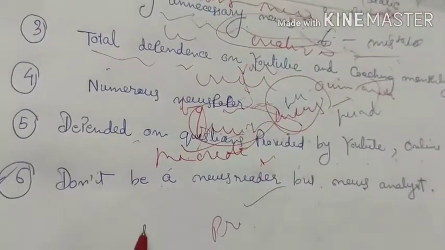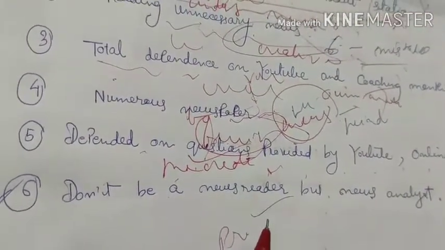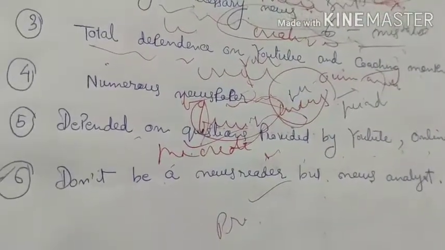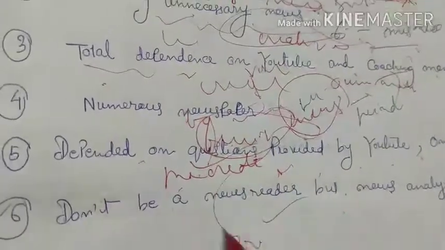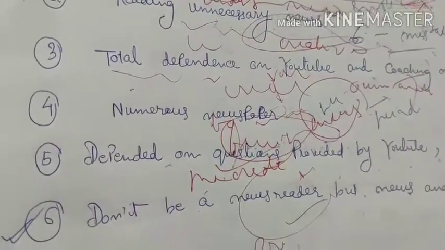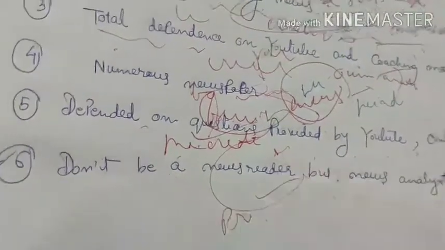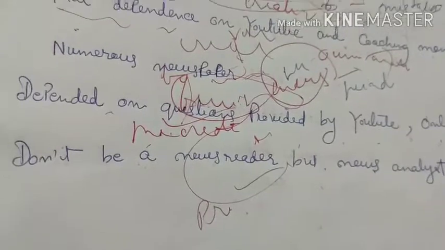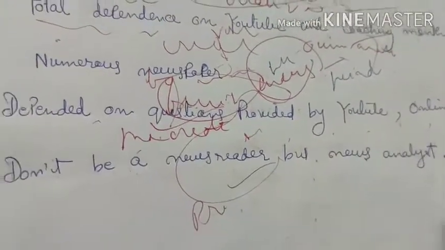And mistake number 6 is that you should not be a news reader but a news analyst. There is a difference between news reading and news analysis. A news reader reads whatever is in front of them. But here you need not be a newspaper reader, you need to be a news analyst.